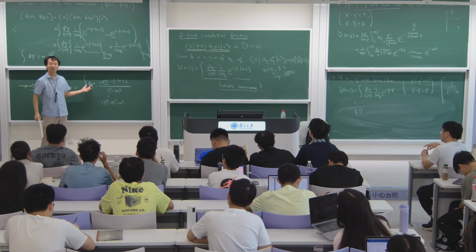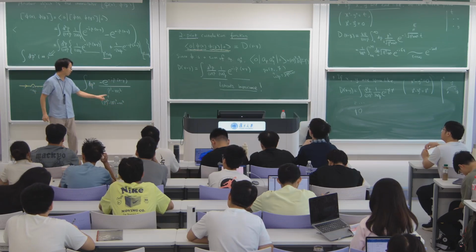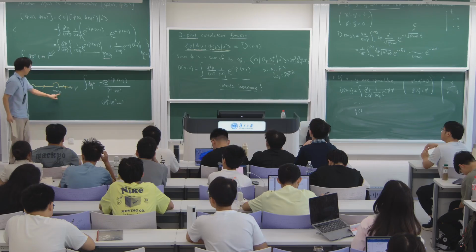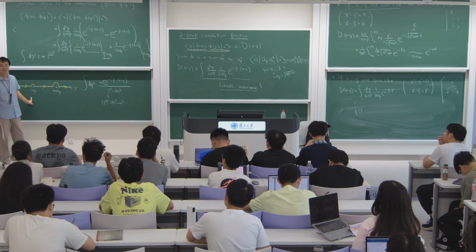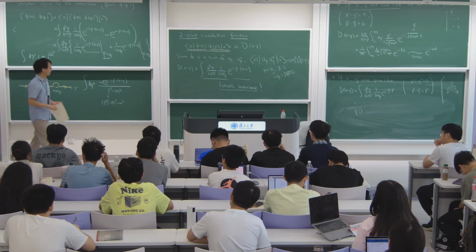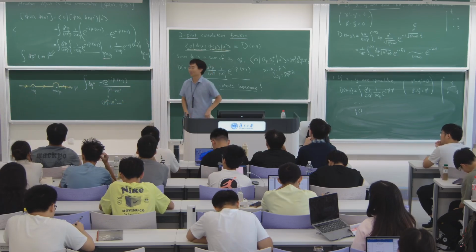Look, this means p0 has two poles, essentially the plus omega p and the minus omega p. So it seems like this contour integral does the job. Okay, that's what we want.